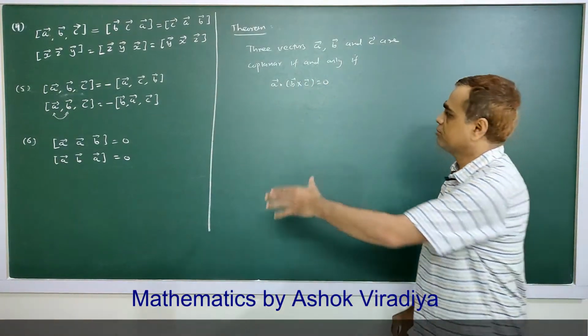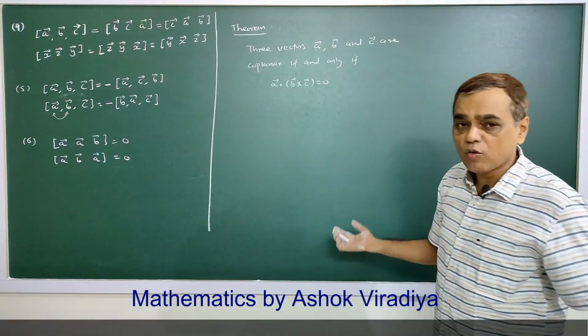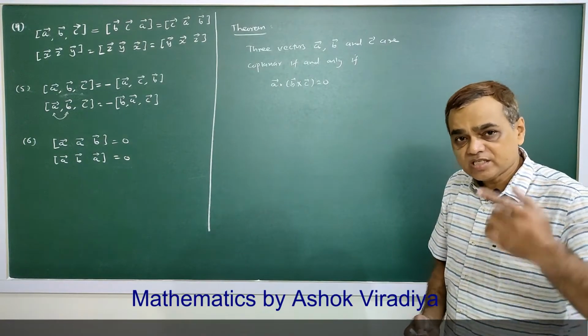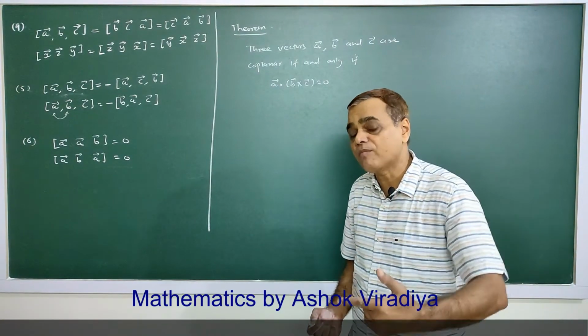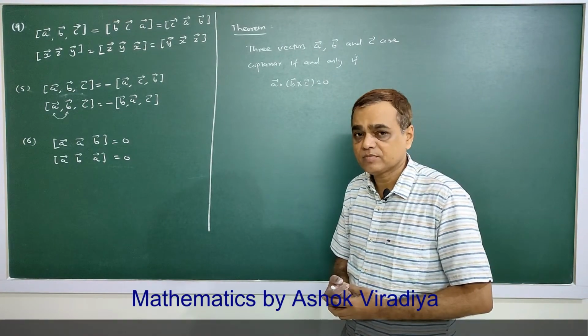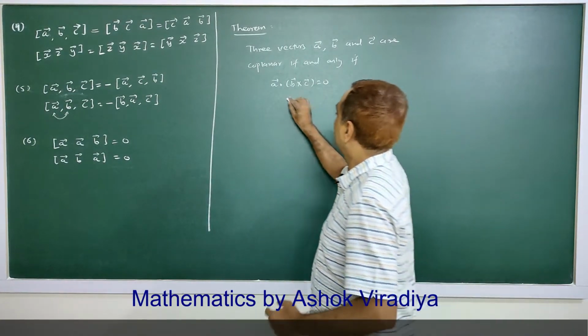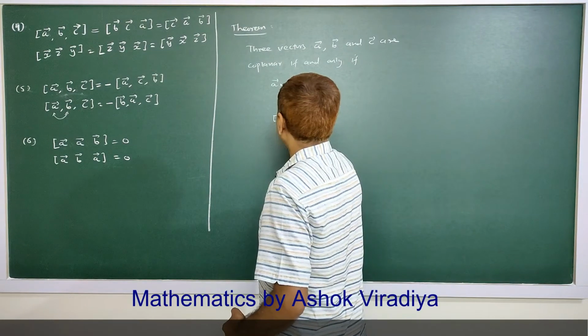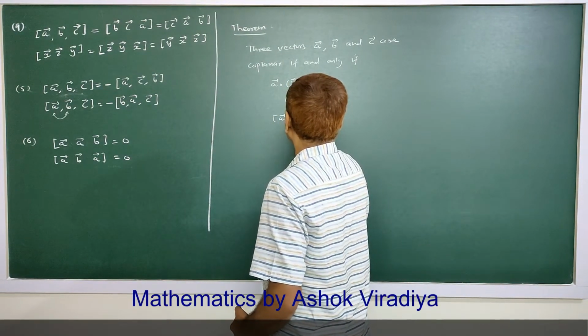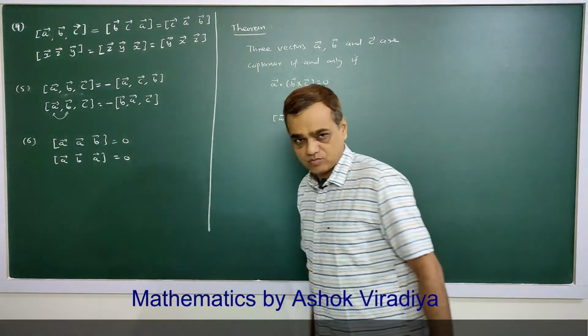If the scalar triple product is 0, the vectors are coplanar. If it is non-zero, these three vectors can form a parallelepiped. So this property can also be written as: the box product of these vectors is 0.